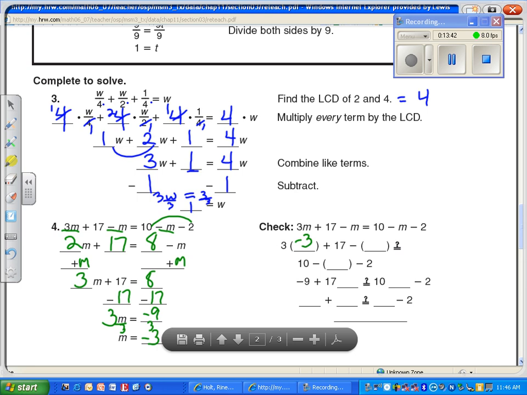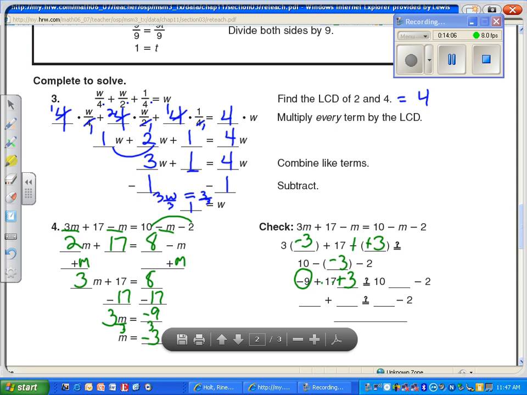3 times negative 3 plus 17 minus negative 3. And 10 minus negative 3 minus 2. All right. 3 times negative 3 is a negative 9 plus 17. And then minus a negative turns into a plus 3. So if we're subtracting a negative, we're really going to add now.